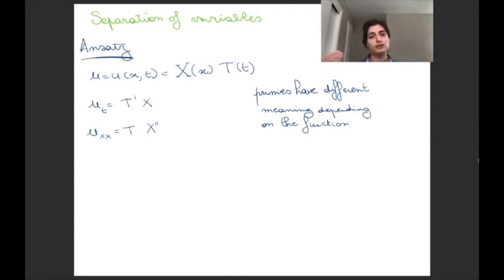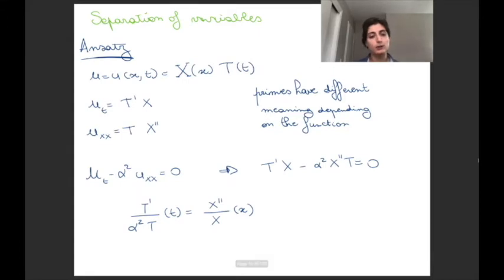X prime is capital X derivative with respect to x. So we call it notation overload. We're using the notation for it to be understandable, but you have to be careful in understanding what it means correctly. So we replace our u_t minus alpha squared u_xx equal to 0.